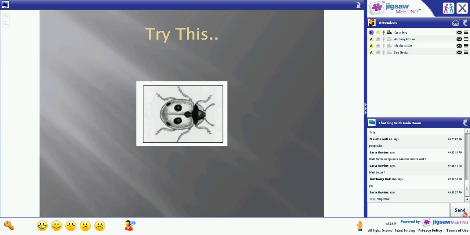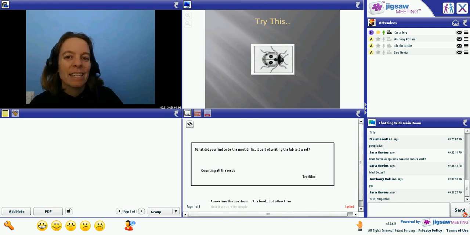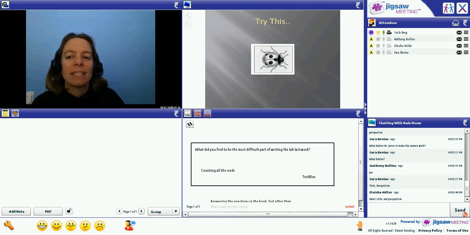Very good. There is no title. There is no perspective. There are no labels. Okay, so they really didn't write anything on here. They only did the illustration. So, fantastic job on the scientific drawing.